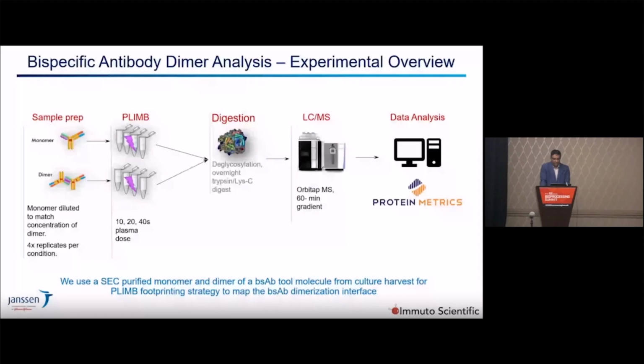Then we subject them to 10, 20, and 40-second plasma doses, and we perform these in replicates. We perform digestion using various types of proteases, and I'll show you how we've expanded this workflow to examine other types of enzymes. Then we subject them to LC-MS and perform the data analysis using the Protein Metrics software that I spoke to you about. So it's a complete streamlined workflow, which is end-to-end.